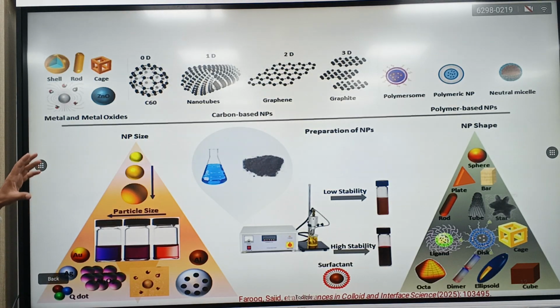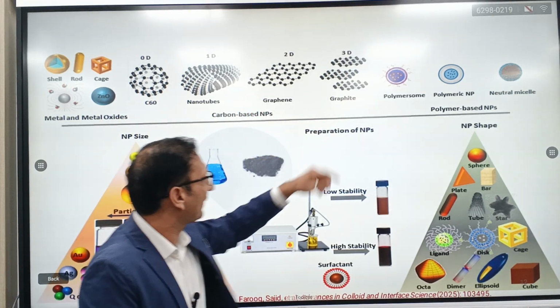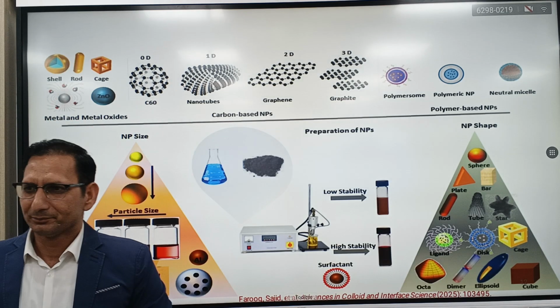So here we have a different kind of material. You see 0-dimensional, 1-dimensional, 2-dimensional, 3-dimensional, metallic and non-metallic. So what is the advantage of metallic?